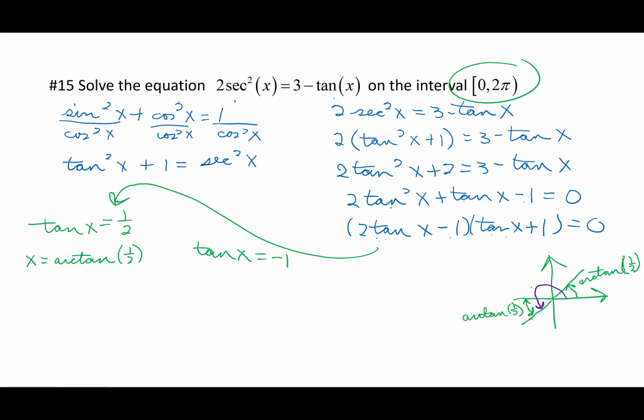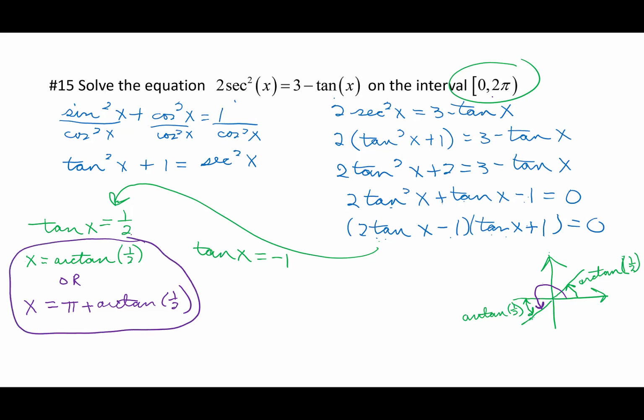To find this angle, x equals arctangent of 1/2, or x equals, we could take pi plus arctangent of 1/2. And we've got it. So these are the two solutions we get from 0 to 2 pi, where tangent of x is equal to 1/2.